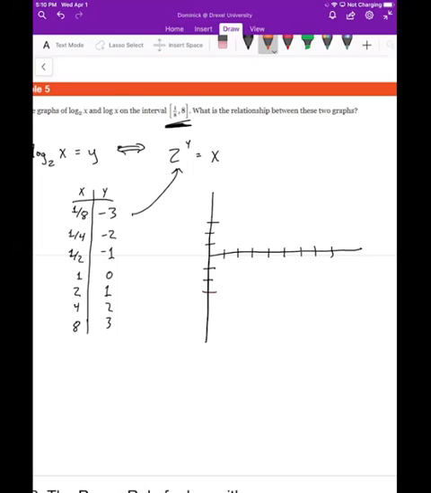I have 1/4, -2, so I have something like that. 1/2, -1, 1, 0, 2, 1, 4, 2, and 8, 3. So I have something like this. And this is my log base 2 of x.